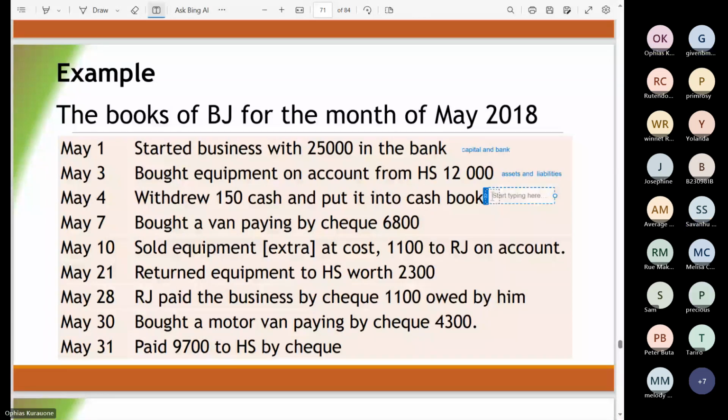Next, drew 150 cash and put it into the cash book.